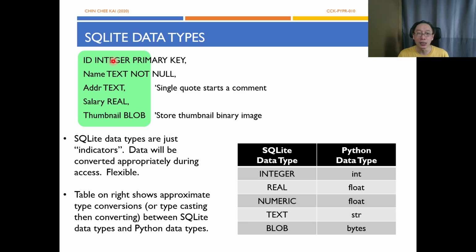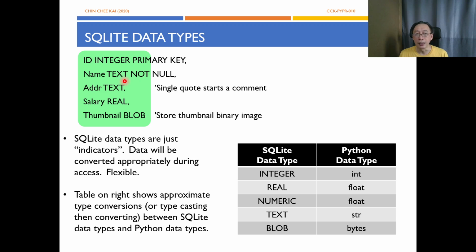These are data types that SQLite understands, and also we understand, but we are not assured of exactly what kind of storage format integer uses internally. For example, name is a text, address is a text, but is the column of name 50 characters long, 100 characters long, 250 characters long? We don't know. It's up to SQLite to maintain flexibly for us.